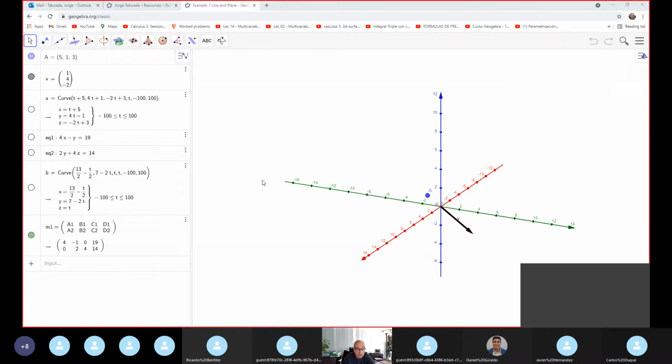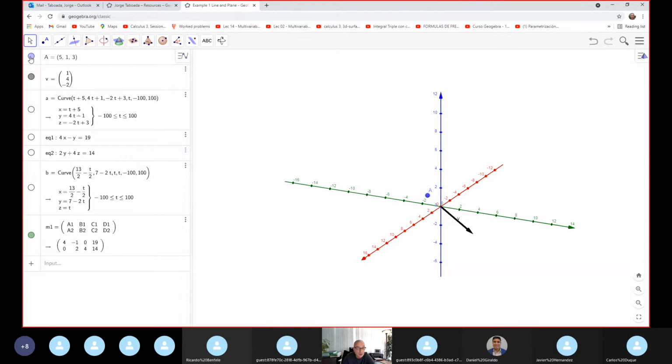Good. Look, we have a point that's given. I flash it. The point I call A, 5,1,3. We have a vector that's given. Flash it, right? This is the only information I give you at the beginning.